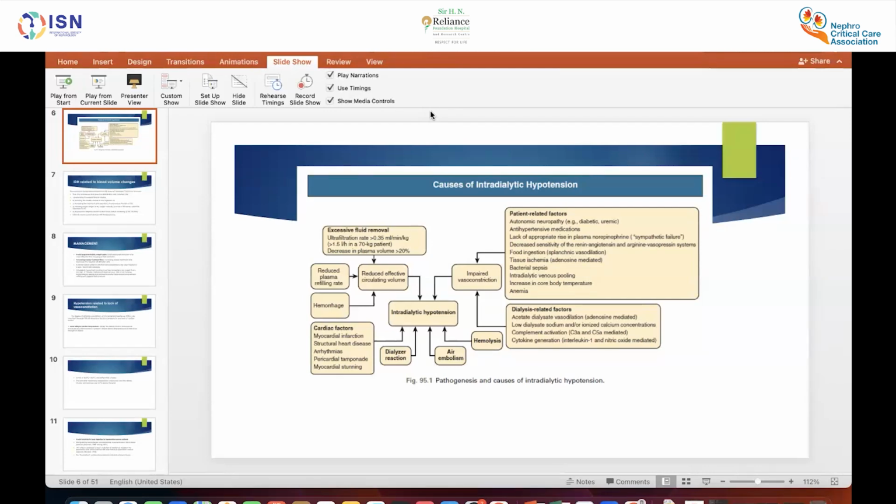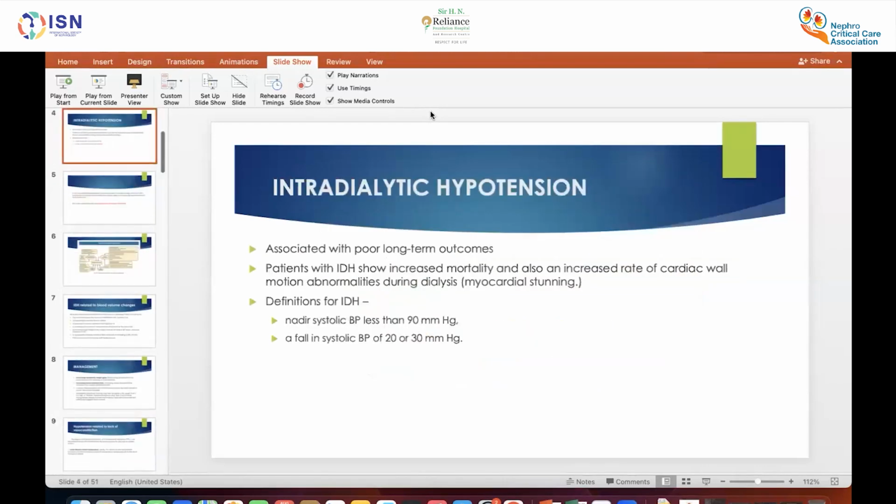That's why expansion will happen, and that will reduce the hypotension. That is the rationale behind giving saline rather than 25% dextrose or any other fluids in hypotension. Understood? Yes, sir. Okay.